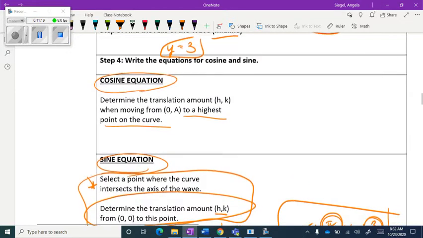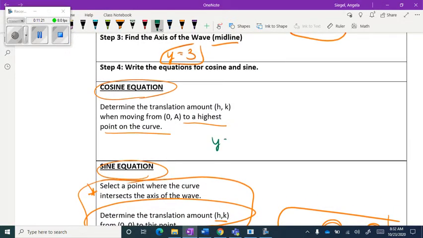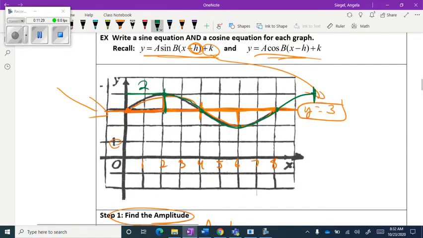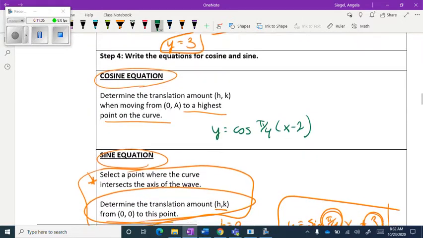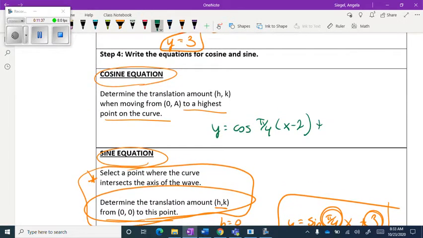My cosine graph is going to be y equals cosine of pi over 4 times x minus 2, and it's still shifted up. The equilibrium position is still at y equals 3. So we're just going to say plus 3.